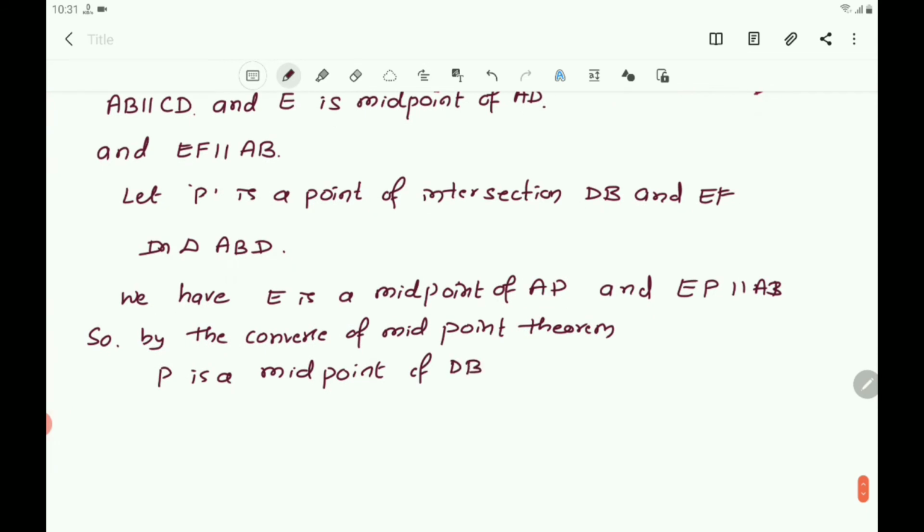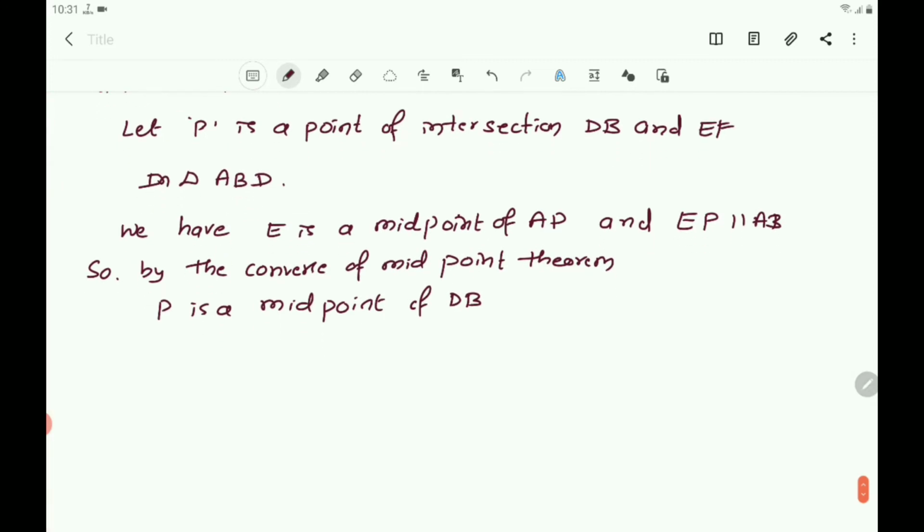How is it? Because you know that if a line drawn through the midpoint of one side of a triangle parallel to another side bisects the third side. That is according to the converse of midpoint theorem. So you got P is the midpoint of DB.